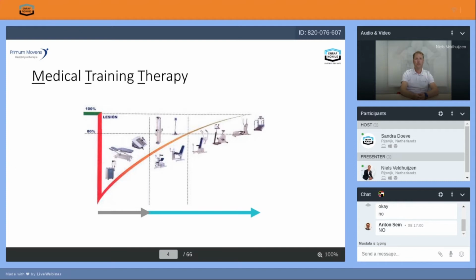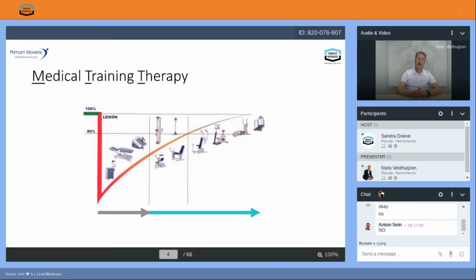And if you look at the pictures, on the left-hand side, you see the more so-called passive therapies. It's where you as a physiotherapist are using ultrasound, shortwave, or manual therapy. And the more the patient recovers, the more active they get, and the more specific exercise you are going to give. In the middle part, you see some pictures of exercise types that are focusing on muscle function training.